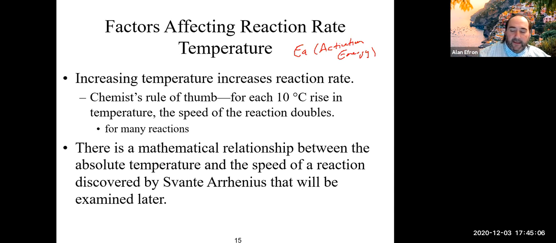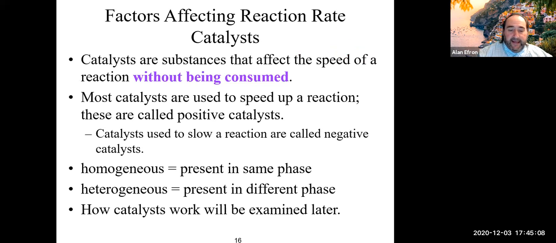So again, this is sometimes referred to as collision theory: two things colliding doesn't necessarily always result in actual products being made. Other things that can affect the rate of a reaction are catalysts. Catalysts are not products and they are not reactants. They actually don't get used up in a chemical reaction. Catalysts are there for the most part to speed up the reaction.